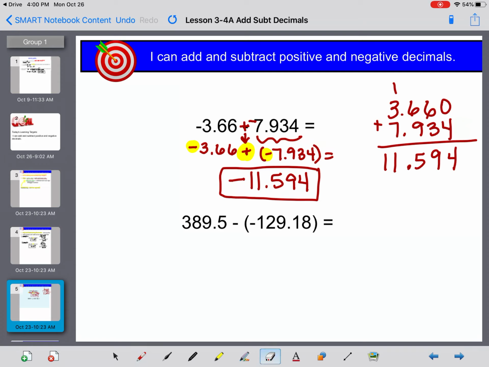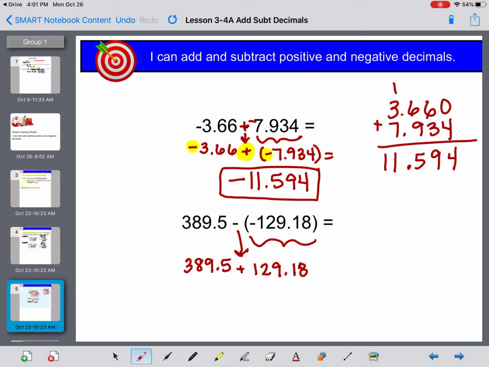Okay, this next example is also a subtraction problem, but remember when you have a double negative that becomes a super positive, or you look at it as adding the opposite. Adding the opposite of negative 129 and 18/100 is positive 129 and 18/100.